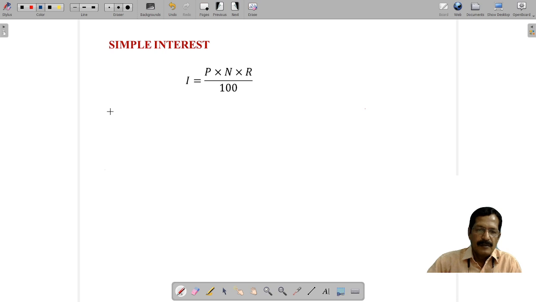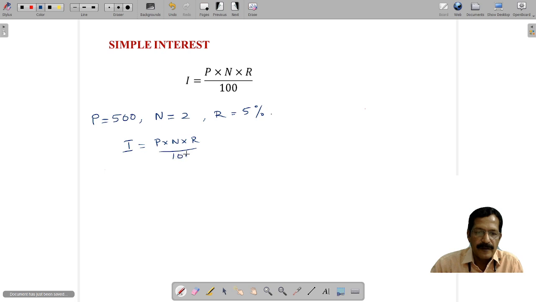Children, let us have an example. Principal P I'm taking as 500, N as 2 years, and rate as 5%. Interest is equal to P into N into R by 100.